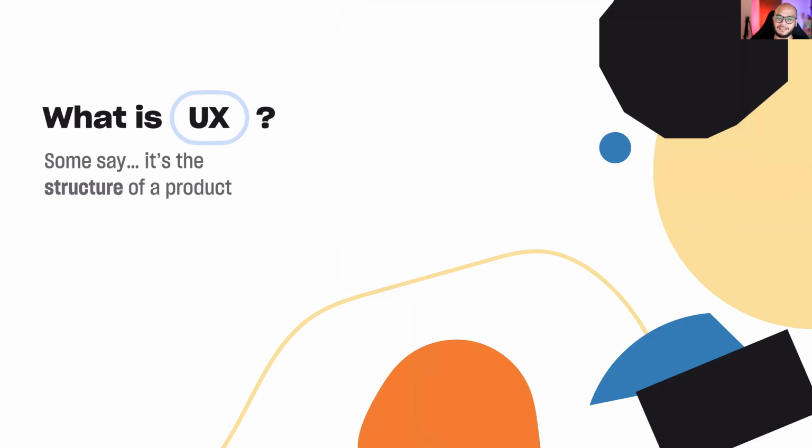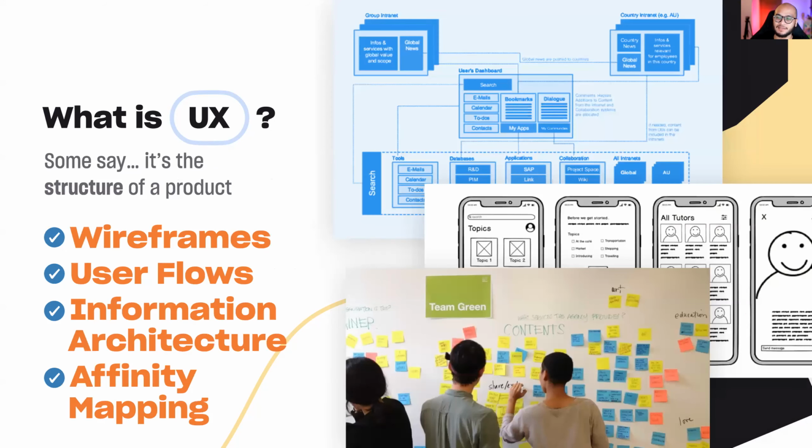So some say UX is the structure of a product. This might be where people associate user experience. Usually, it's part of it, but UX is a bigger discipline than just the wireframes and the sitemaps. But then there's a key important part of it: building out the low fidelity.